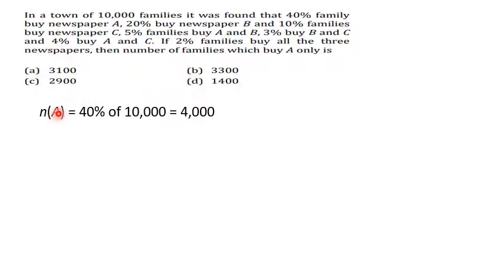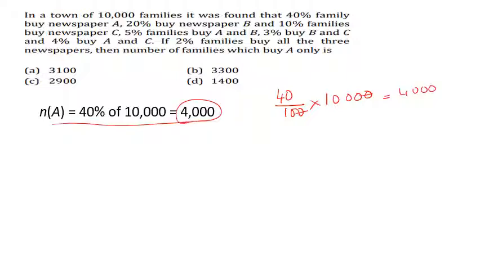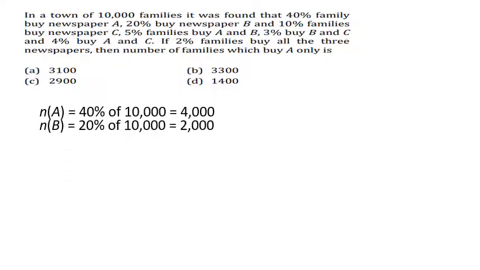So n of A, that is the number of people who read newspaper A, is given in percentage, and we are converting it. 40% of 10,000 is 40 divided by 100 into 10,000, so you will get 4,000. That is n of A is 4,000. Similarly, n of B, the people who read newspaper B, is 20% of 10,000, that will be 2,000.